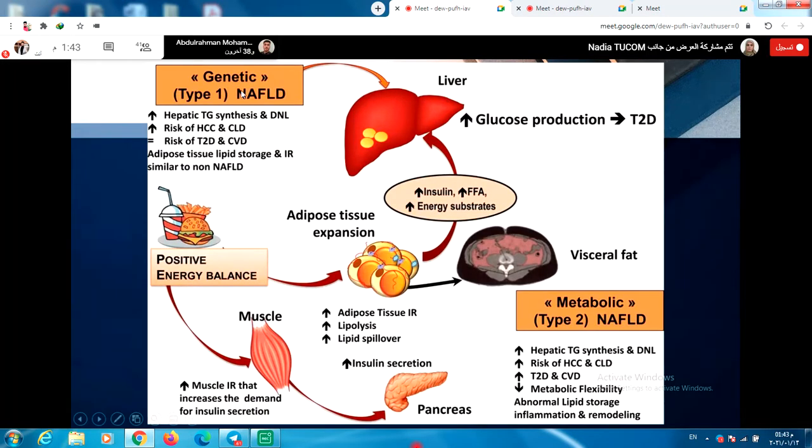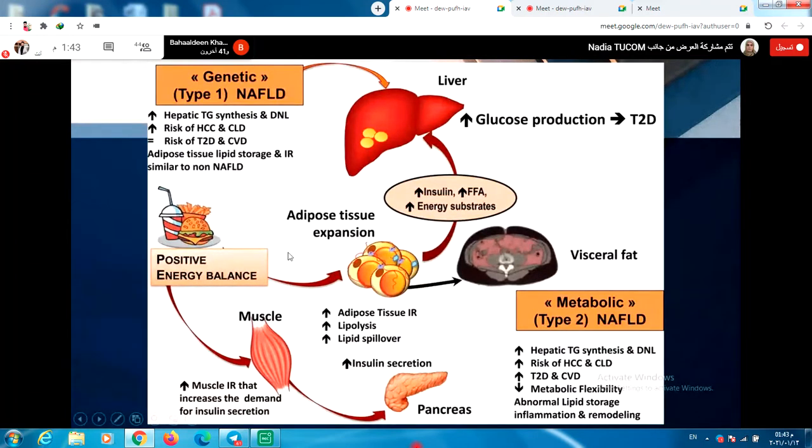There are two types of non-alcoholic fatty liver disease, type 1 and type 2. Type 1 has a genetic predisposition, and type 2 is metabolic, in which there is excess ingestion of food or obesity.